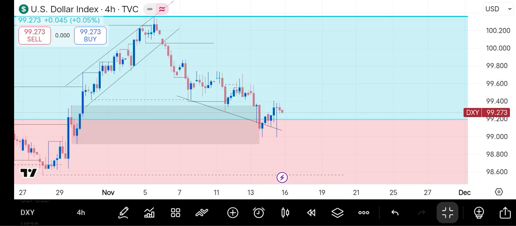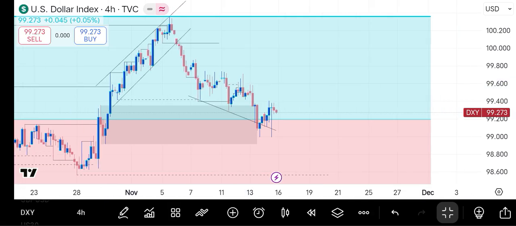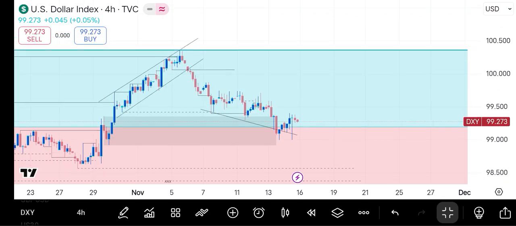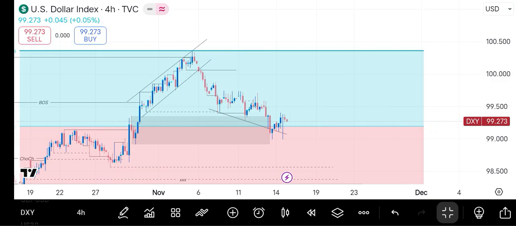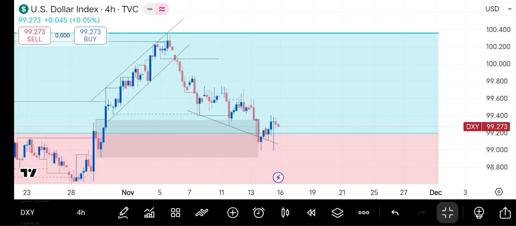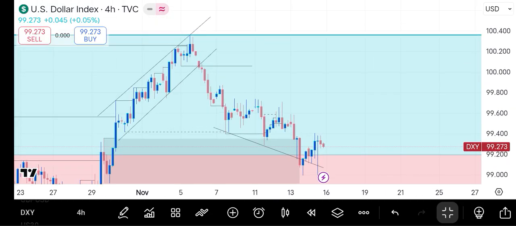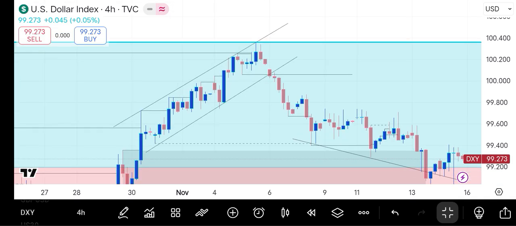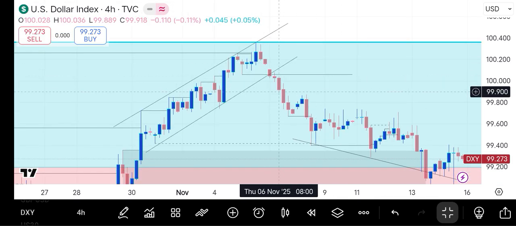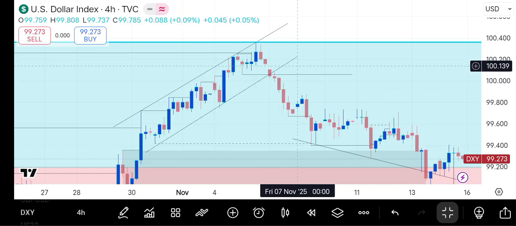But I do not trade trend lines, guys. I just use them for more confluences. As you can see, just right here, it was an ascending channel, which got respected. But guys, look at this. If you trade trend lines, tell me, this is a breakout, right? When was the retest on the trend line?